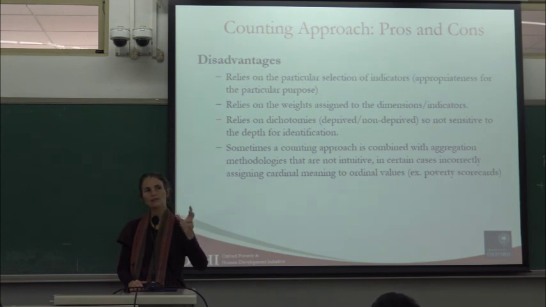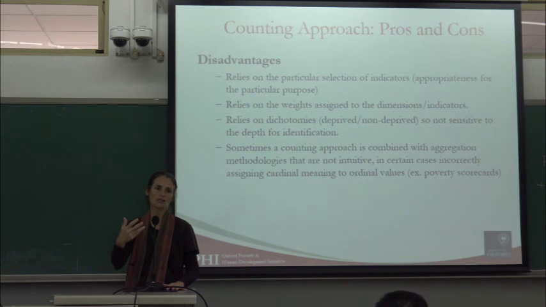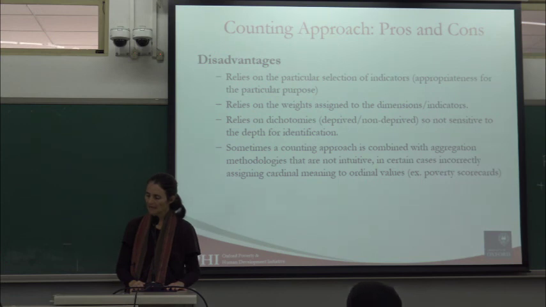It makes this radical step of cutting the data into people deprived or non-deprived in each dimension, and you lose some information. We will talk about workarounds for that, for example, using a different deprivation cutoff for destitution and poverty, or for poverty and middle class or moderate poverty. And sometimes counting approaches in the literature have been combined with methods that are not appropriate for ordinal data.